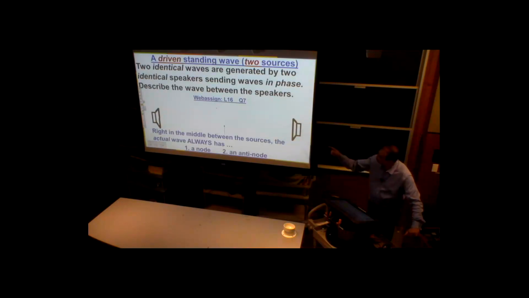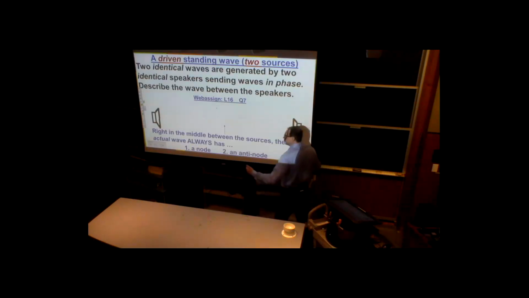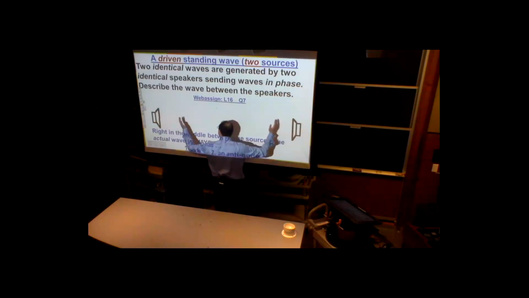There is one special point right in the middle between these two sources. We call them coherent, same frequencies, same phase. So two waves travel in space simultaneously from both directions.